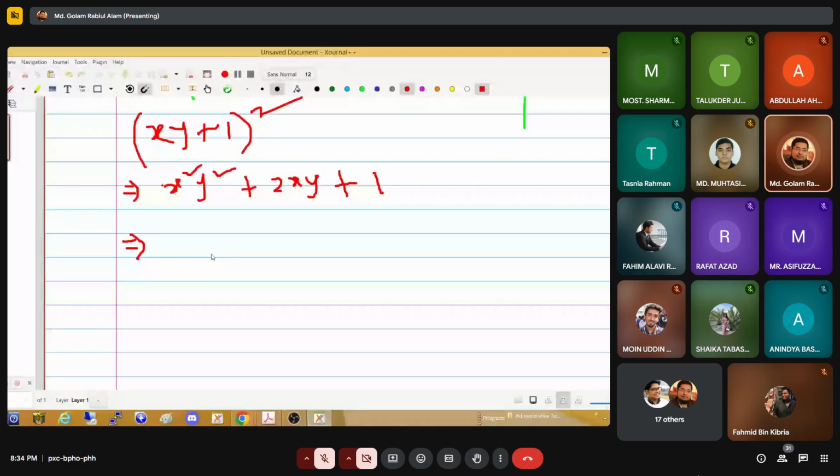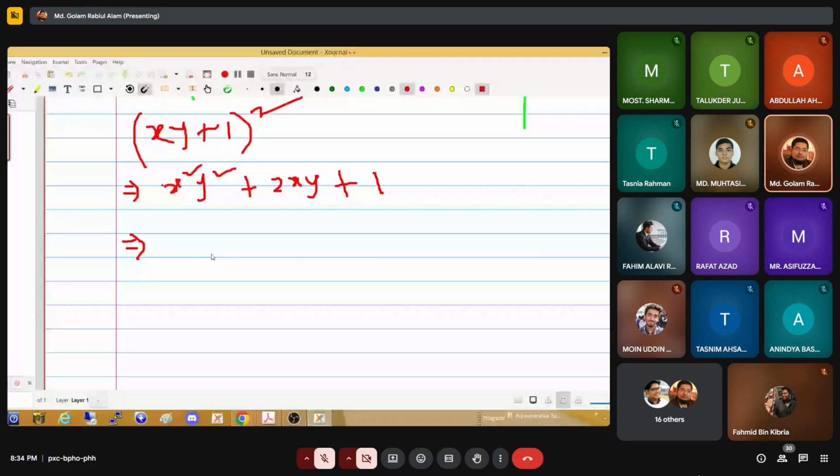This one is a vector, and another vector can be square root of 2y, okay, root 2y, then y square and 1. Actually, we can write this equation in vector form of the multiplication of these two vectors.